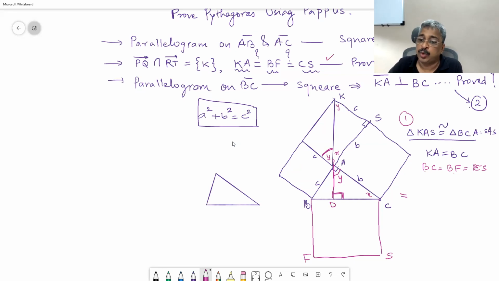So you have to write it properly. Therefore AD is perpendicular to BC. So both the requirements of Pappus are satisfied.